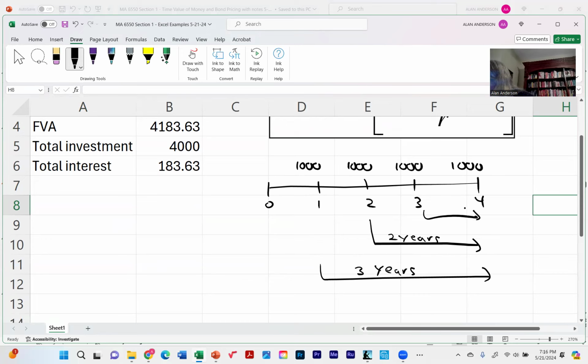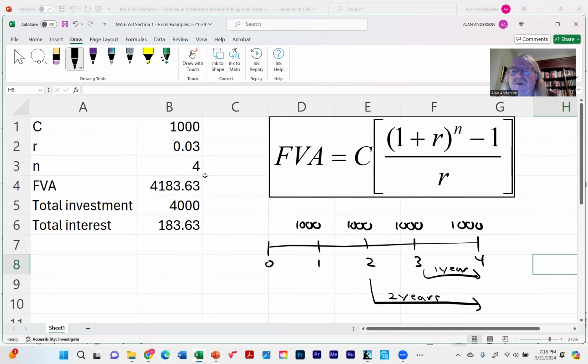The third one is invested for 1 year. The last one actually has just been deposited in that same year. So I could, in principle, calculate the future value of this first $1,000 plus the second one, plus the third one, plus the fourth one, and I would get the total would be 4183.63. But we don't need to do that because we have this formula.